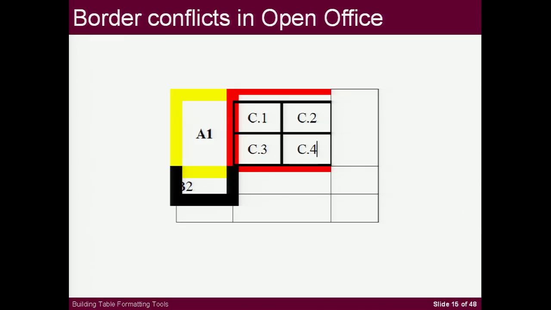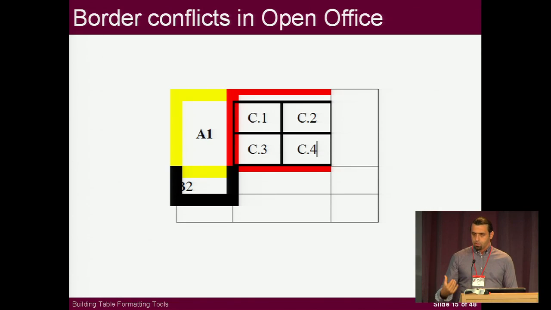And just to give a quick example of what happens when you are dealing with borders, this is an example from when I was using OpenOffice. You can probably see that cell A1 here, for example cell B2, the border is actually overlapping over the text.